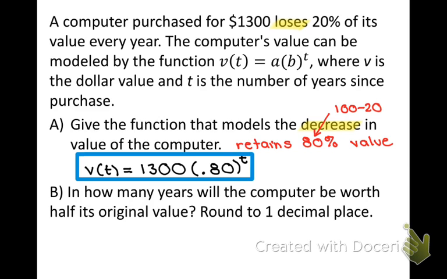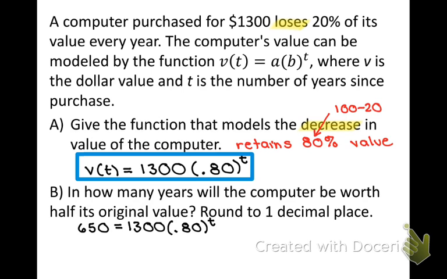So, if it was purchased at $1,300, half of that is going to be $650. So we want to set this value equal to 650. So we get 650 equals 1,300 times 0.80 to the t. Now remember that when I solve an exponential equation, I want to make sure that I get my base to the variable isolated.